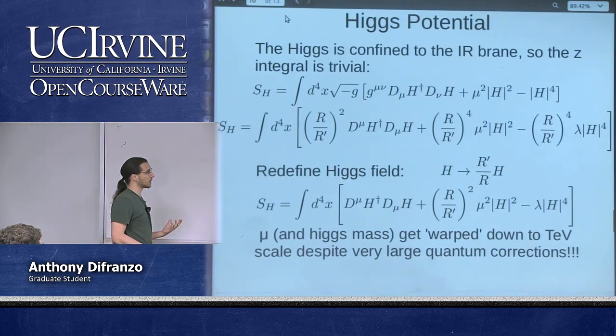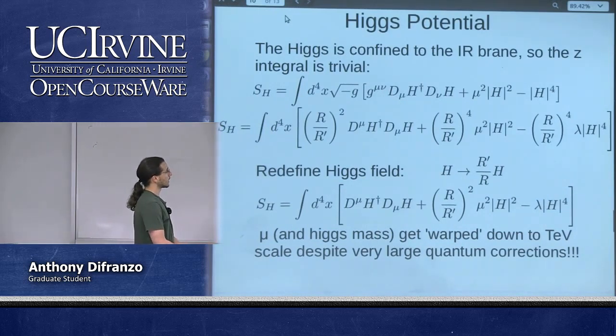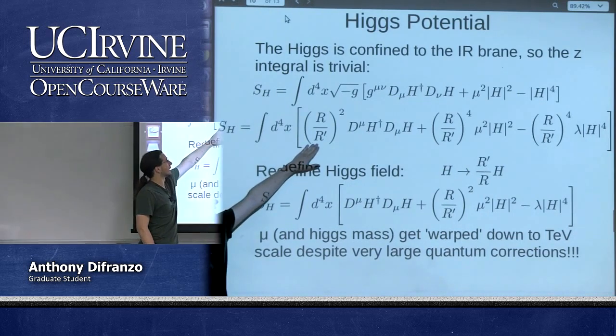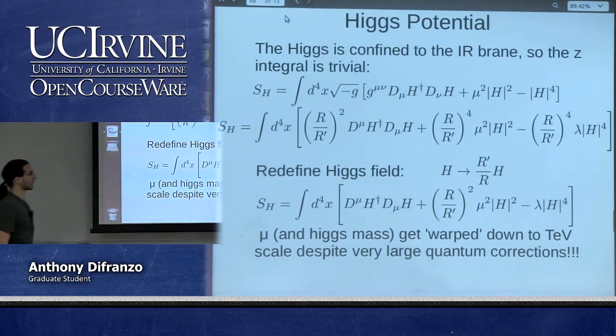So talking about them in 5 dimensions is kind of moot, right? The integral that I would be integrating over is trivial. It's just a delta function. So I'm just going to write it in terms of 4 dimensions. I can expand out my metrics, and I see that I'm just evaluating z at r prime because that's where the IR brane is.